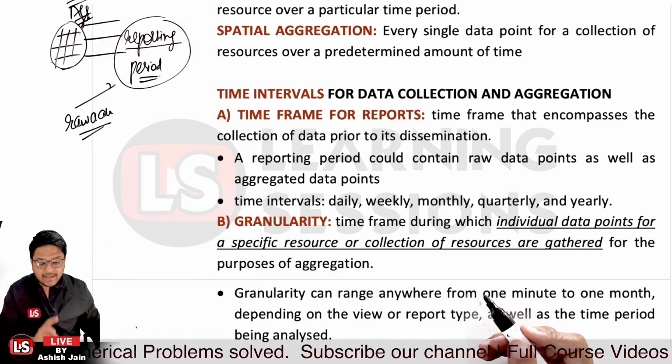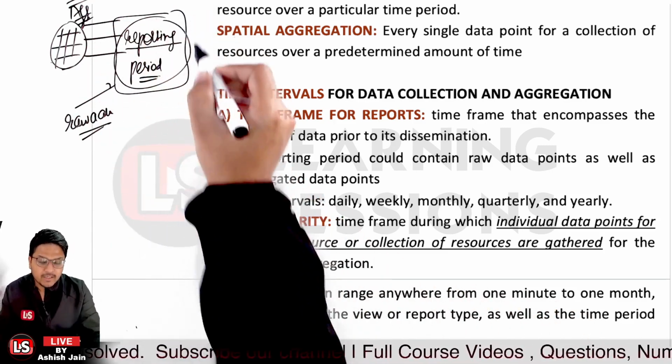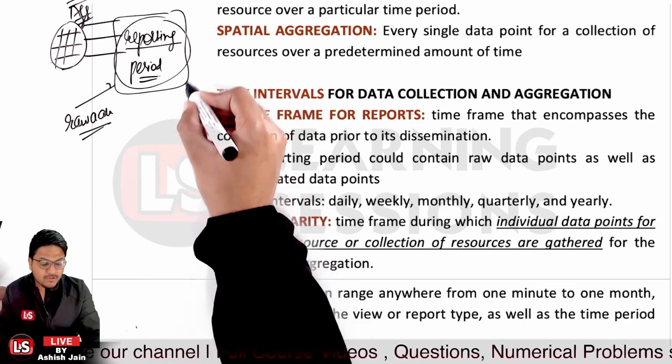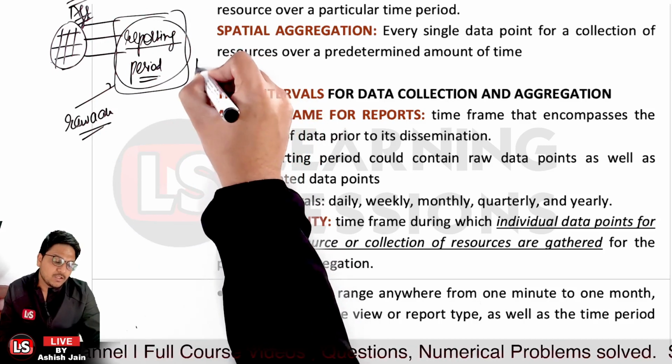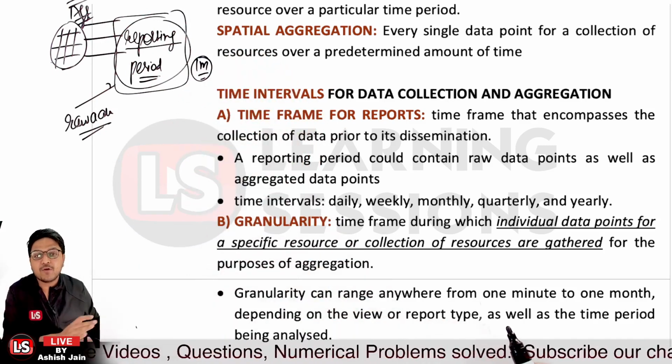And the time interval depends on what reporting period we require. We may require a reporting period of 1 month, 1 year, or on a quarterly basis. That basically depends upon us. That's the time frame for reports.